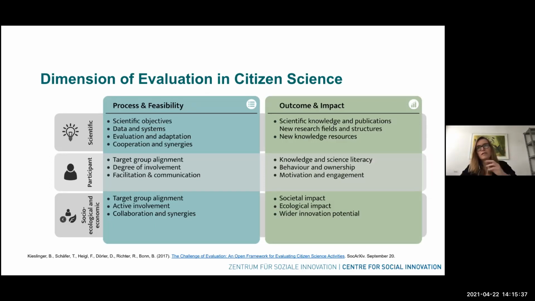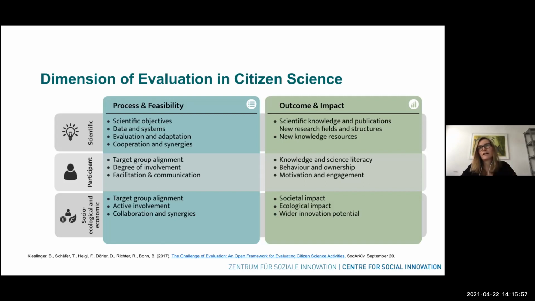The process and feasibility level can be used during the project or even as a planning tool to consider certain aspects of citizen science. The other part is more about really assessing the impact or the potential impact, the effects and outcomes.